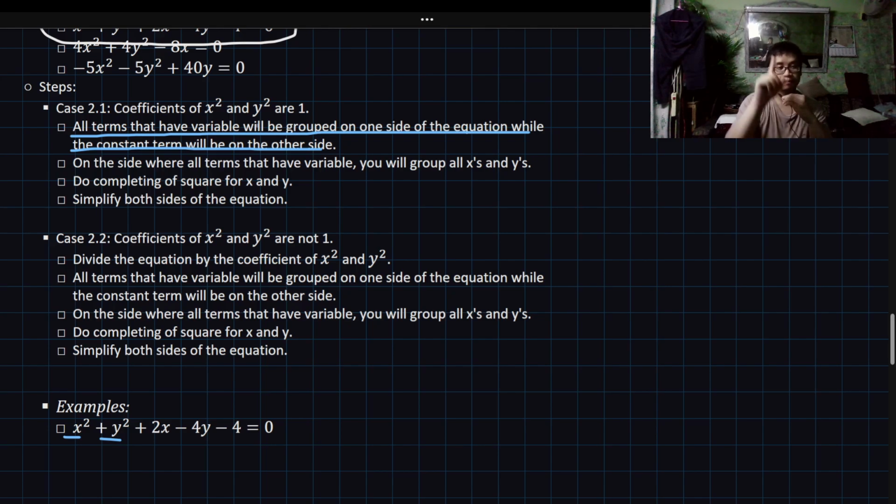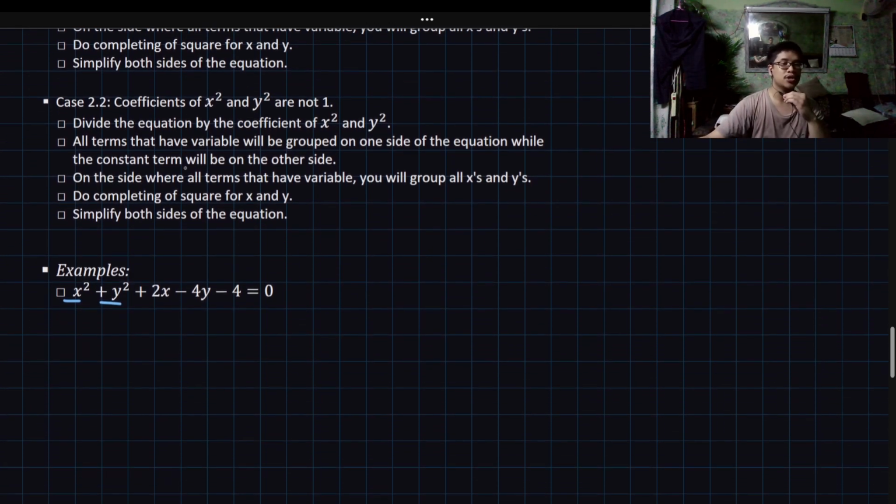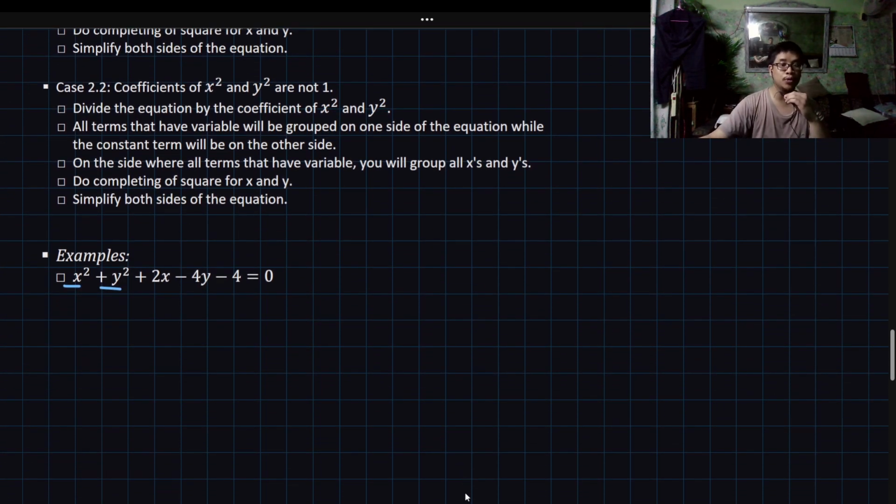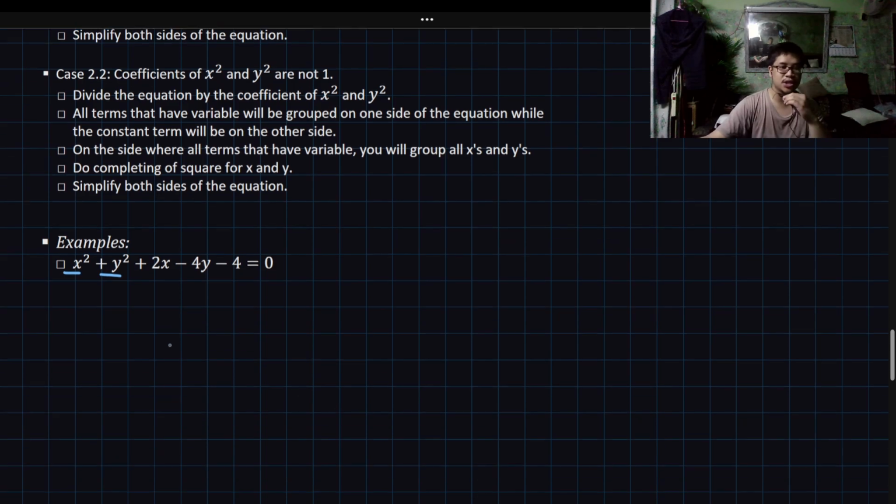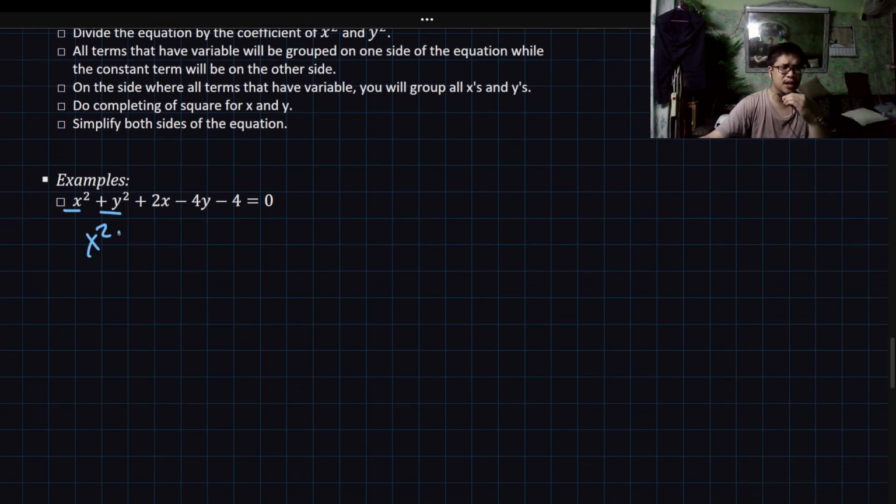So what are the steps? First step is all terms that have a variable will be grouped on one side of the equation, while the constant term will be on the other side. So all variables would be grouped on one side. Let me rewrite it here. Let's just rewrite the given: x squared plus y squared plus 2x minus 4y minus 4 is equal to 0.